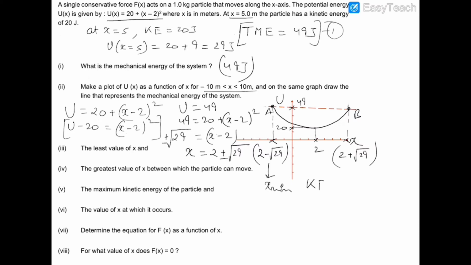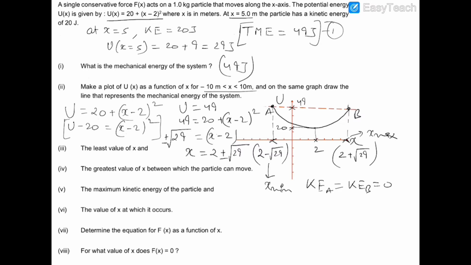So the particle cannot cross these points, and this is x max. The particle can move between the least and greatest values of x, from 2 minus root 29 to 2 plus root 29.